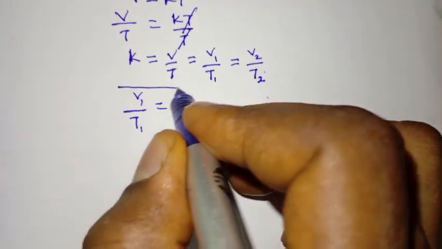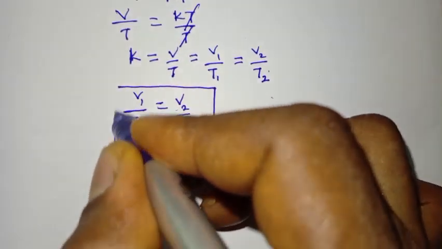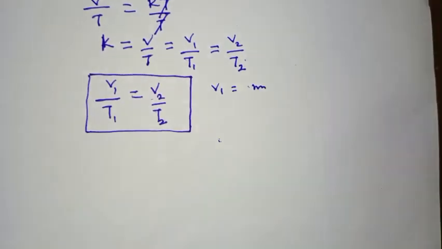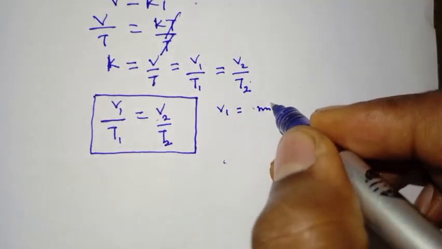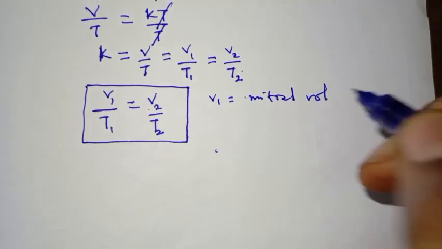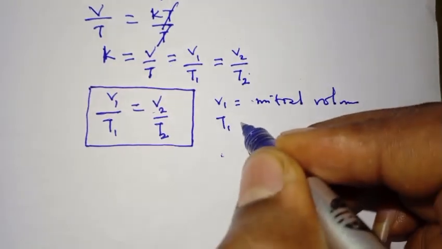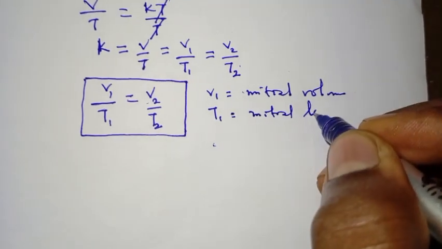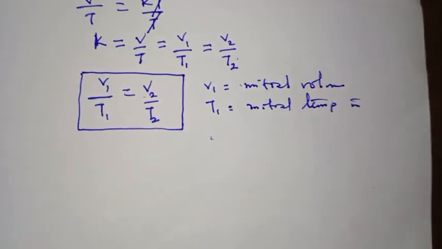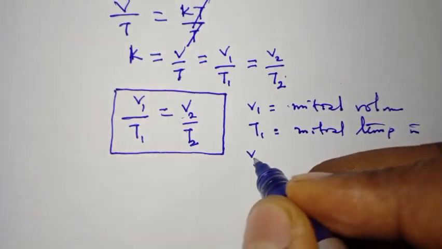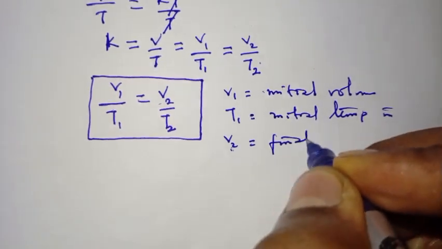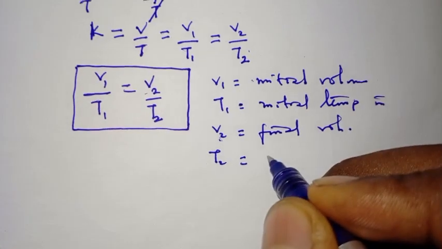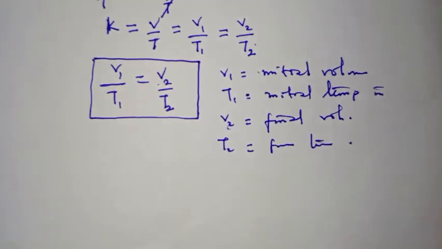So this is the equation representing Charles' law, where V1 is the initial volume, T1 is the initial temperature in Kelvin. Don't forget, in Kelvin. V2 is the final volume, T2 is the final temperature in Kelvin.